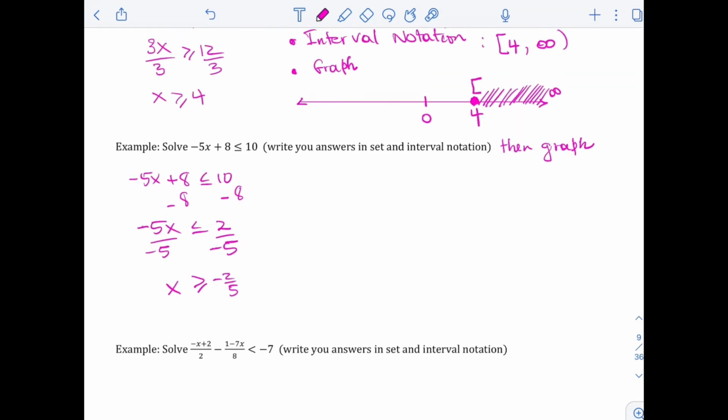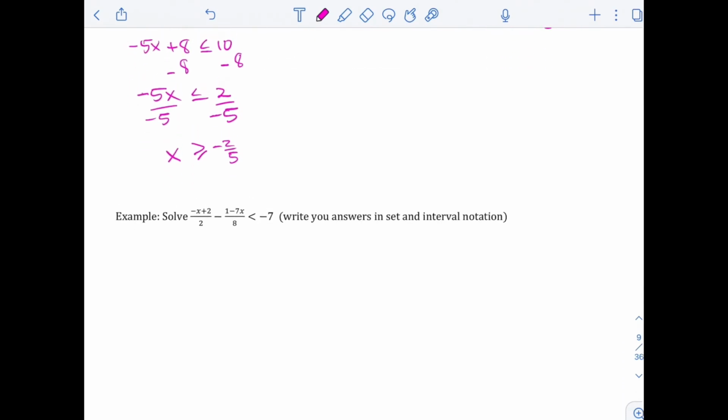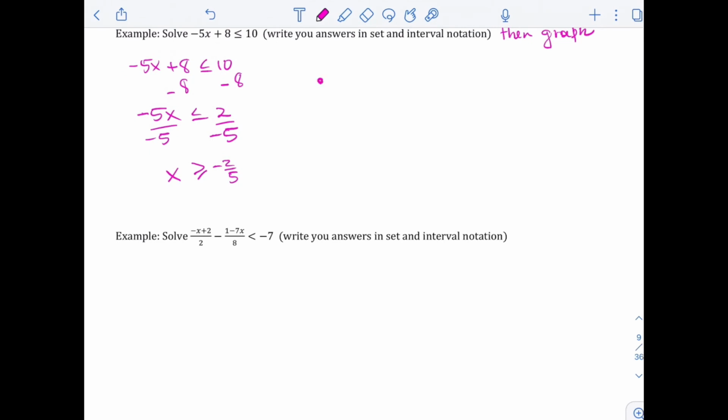Now we're going to write it in set notation. Set notation is the set of x such that x is greater than or equal to negative 2/5.